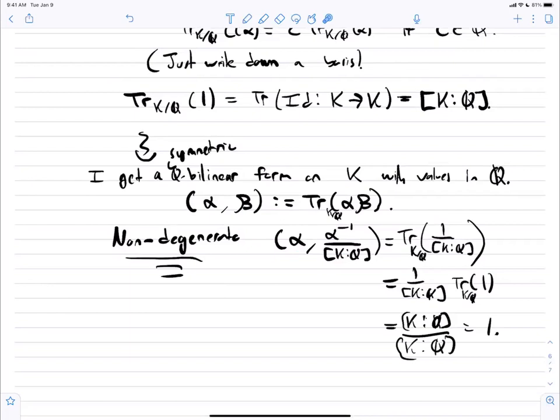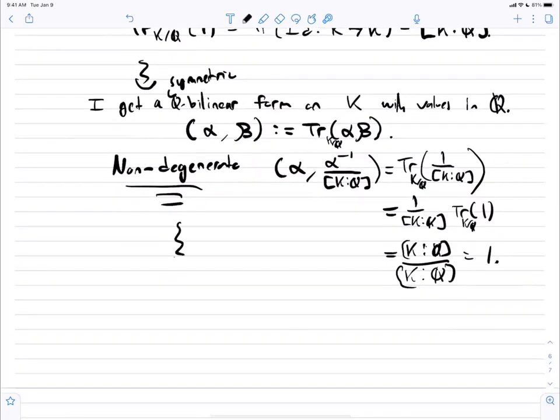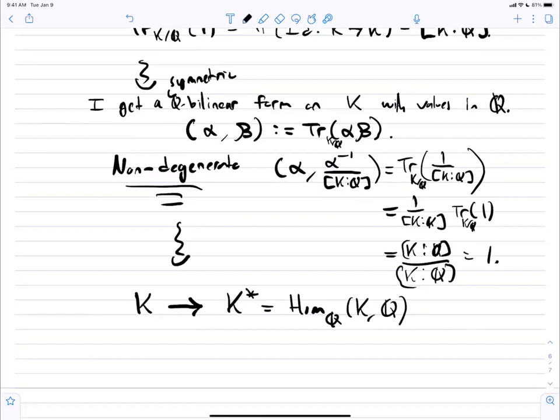Okay, and what does this mean? This means the map from K to its dual vector space, which is Q linear homomorphisms from K to Q, sends alpha to the linear map that's pairing with alpha.